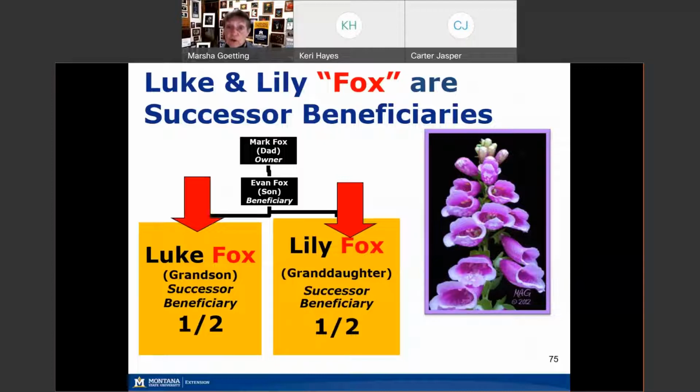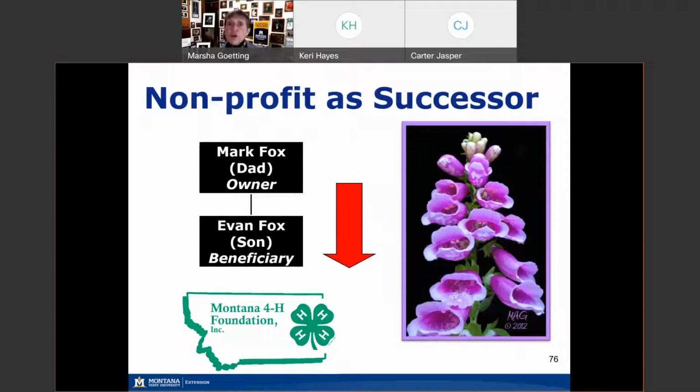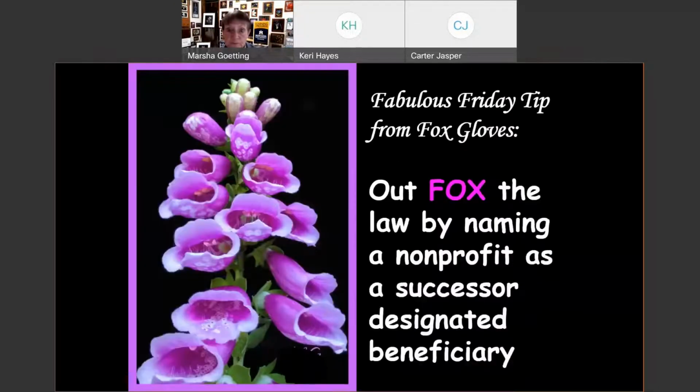So here we've got Luke and Lily. And you can guess what else. You could also recognize your favorite 4-H foundation, for example, with your TODD. So outfox the law and make sure that you are looking at naming successor beneficiaries or even a nonprofit.